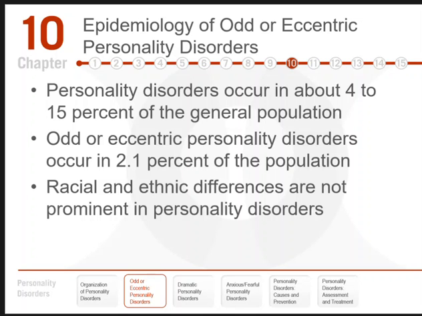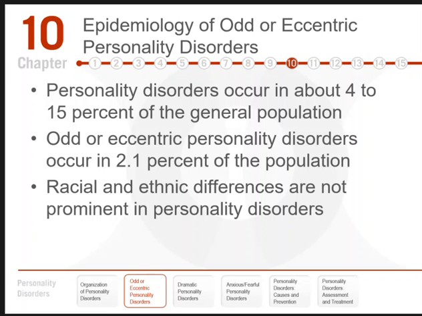These personality disorders occur in about 4 to 15% of the general population. So you can see that's pretty high, but it's still not, 15% is high. Odd or eccentric personality disorders occur in 2.1% of the population. Excuse me, I was reading that wrong.